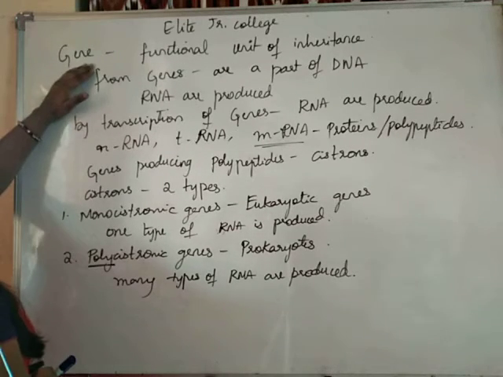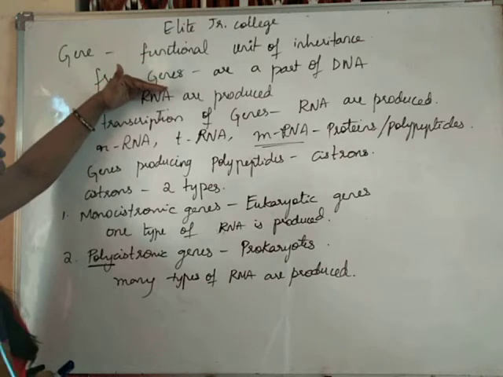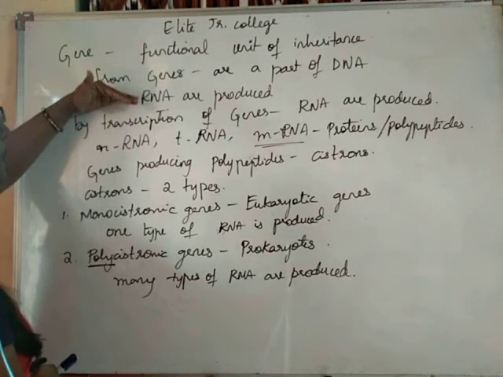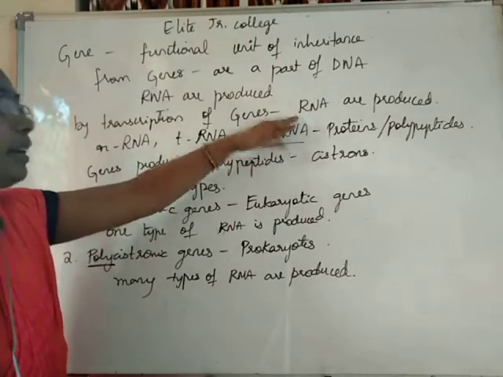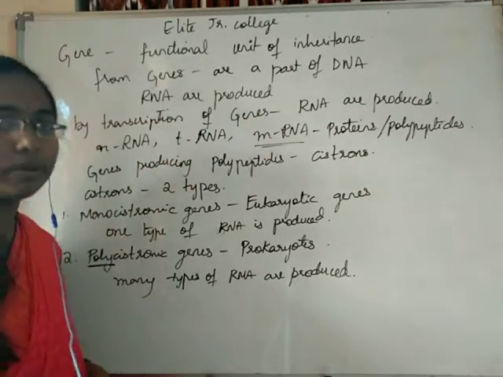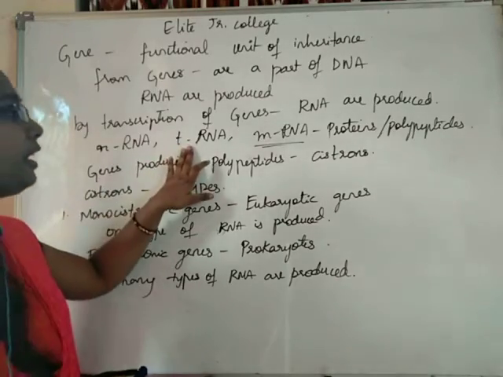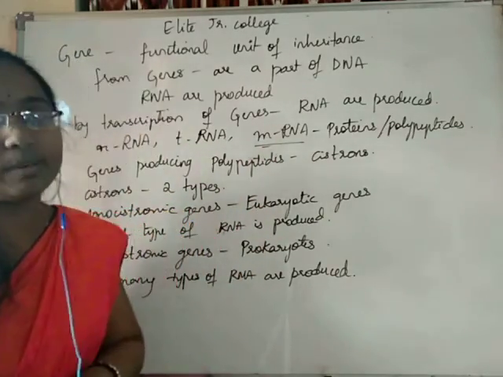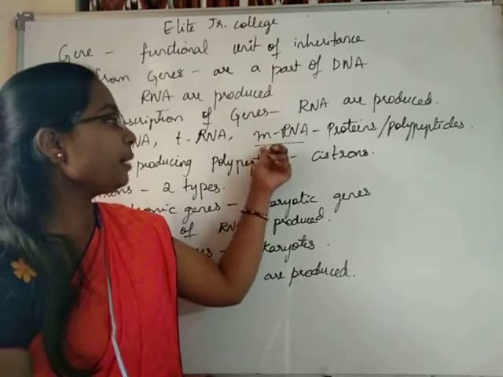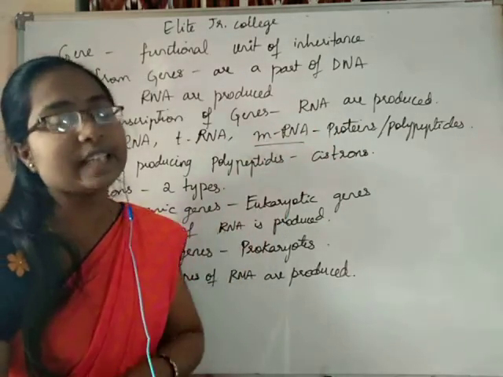A gene is a functional unit of inheritance. From genes, which are a part of DNA, RNA will be produced. By transcription of genes, RNA is produced. Different types of RNAs can be produced by transcription of DNA: rRNA, tRNA, mRNA. mRNA particularly is the one from which proteins or polypeptides can be produced.